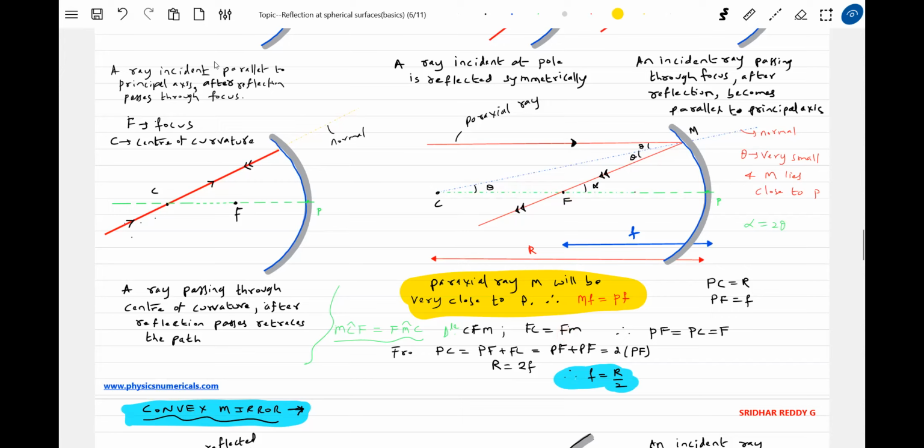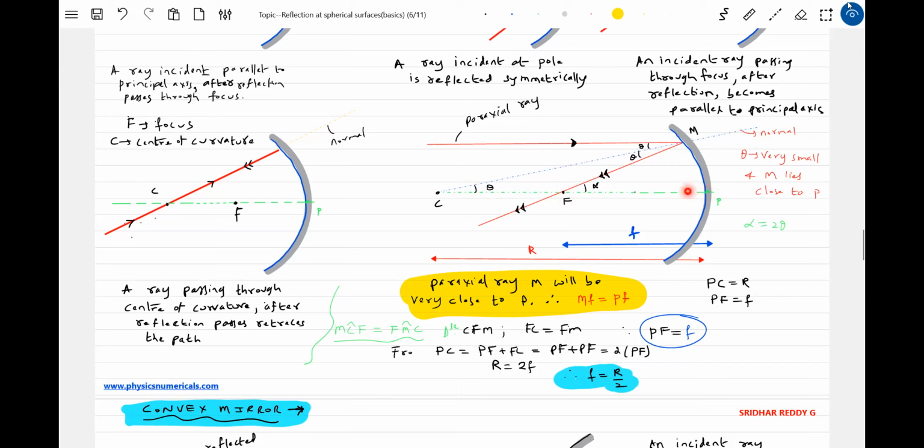As MF is equal to PF, here MF is equal to PF because of the paraxial ray. From this isosceles triangle, MF is equal to FC.